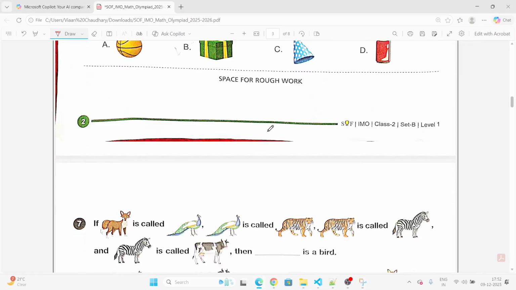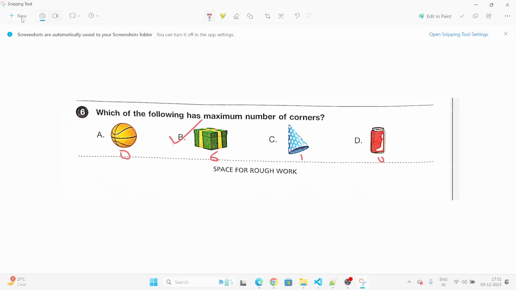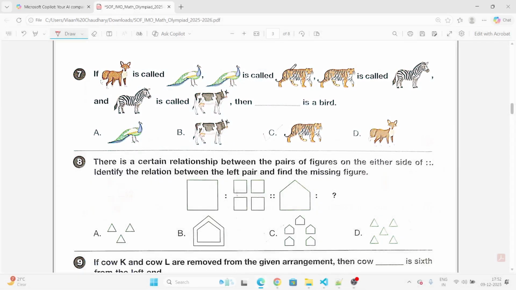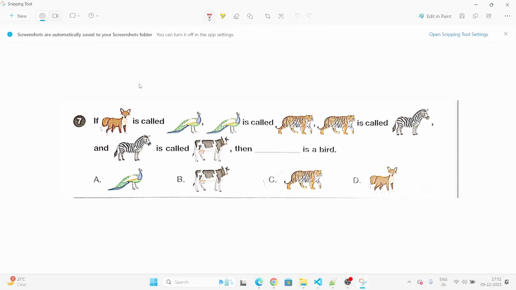Now we can move to the 7th question. This should also be easy. There is a picture of an animal, and this bird is called by another animal's name.